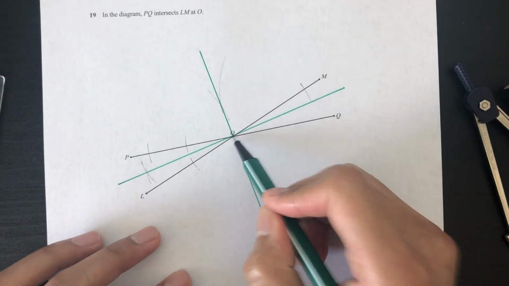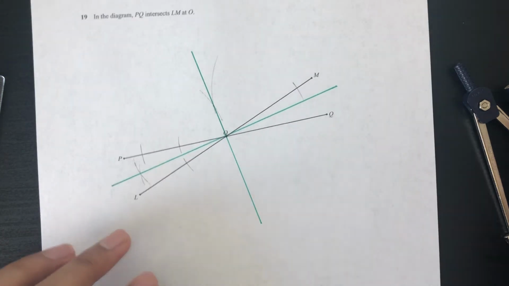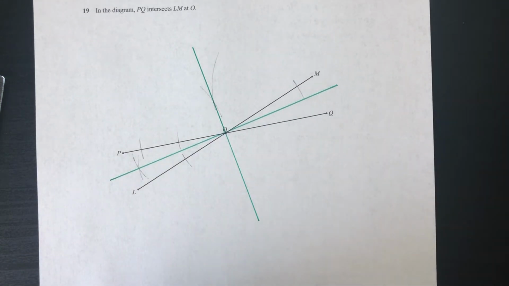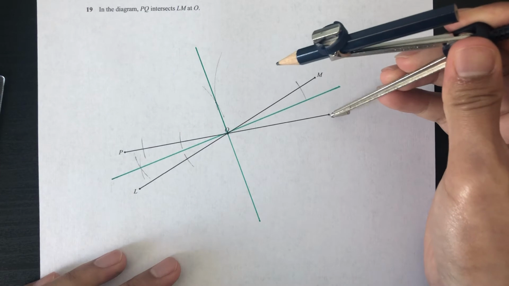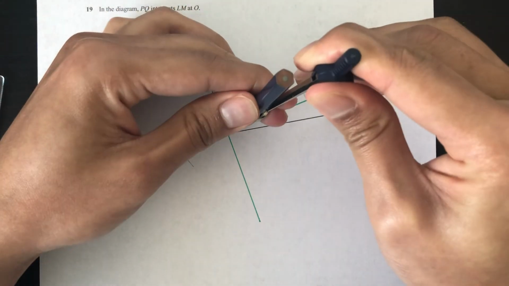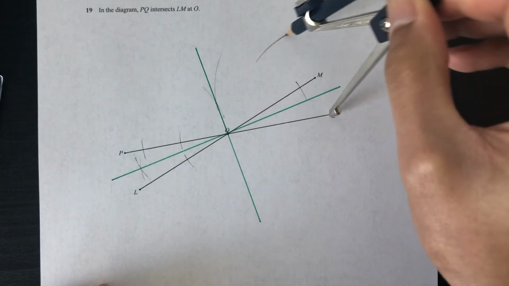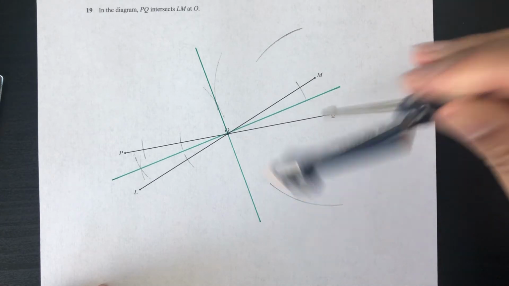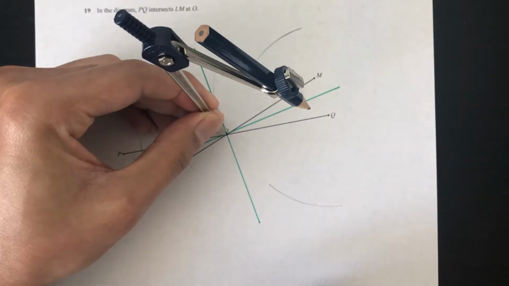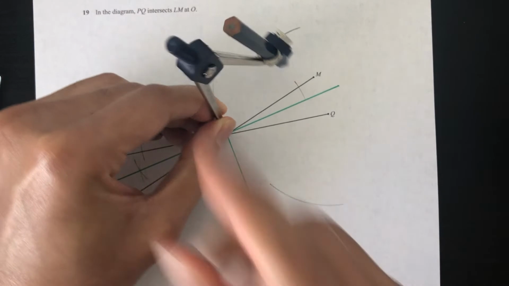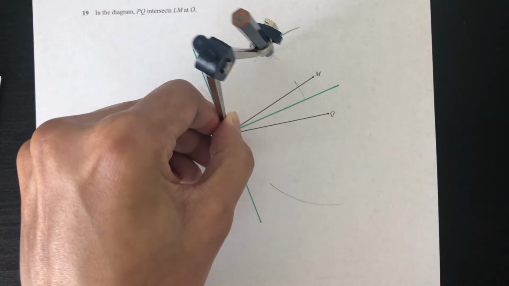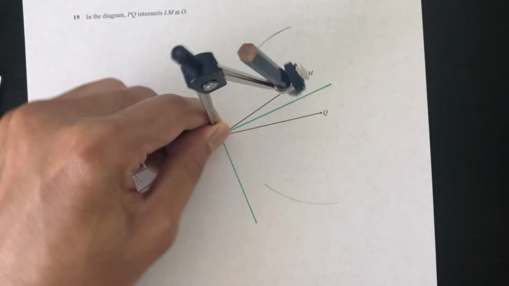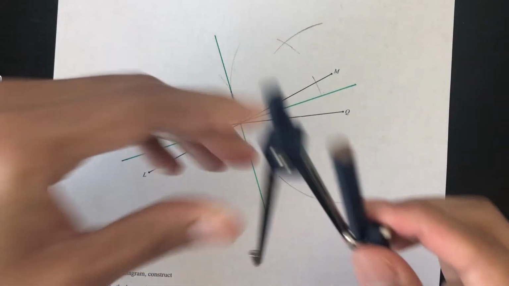So point O is here, point Q is here. We have to draw the bisector of OQ. You go to point O, you draw an arc up, an arc down, and you go to point Q and intersect the two arcs, so on top and at the bottom.